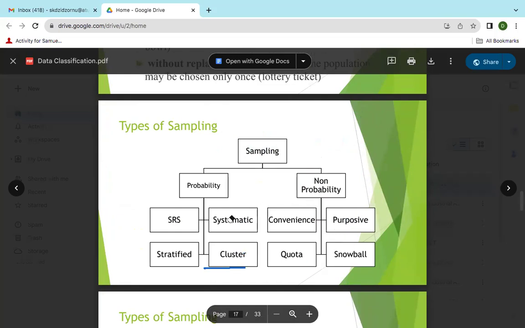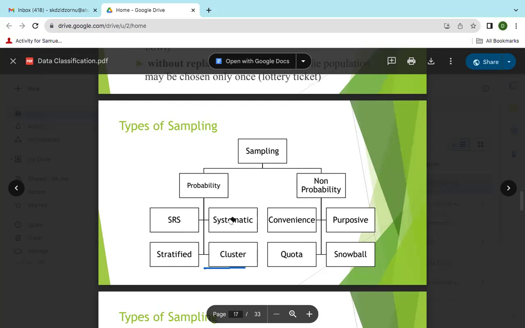Probabilistic sampling is where each member of the population has a known non-zero likelihood of being selected. In other words, they all have an equal opportunity of being selected. Under non-probability sampling, not every member of the population has an equal chance of being selected. Under probabilistic sampling, we have simple random sampling, which can be with replacement or without replacement.